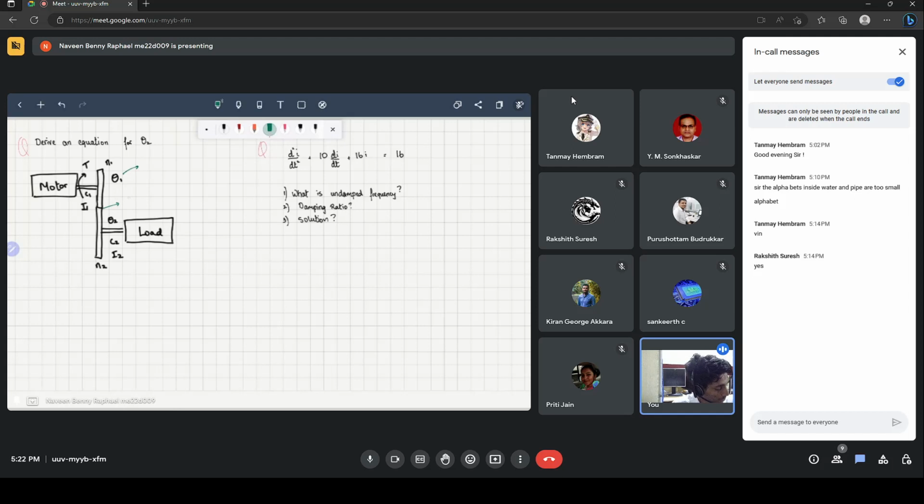Therefore, the torque at this boundary won't be equal and opposite, because torque is equal to force times radius. So by the properties of gears, we know that N1 by N2 is equal to R1 by R2.